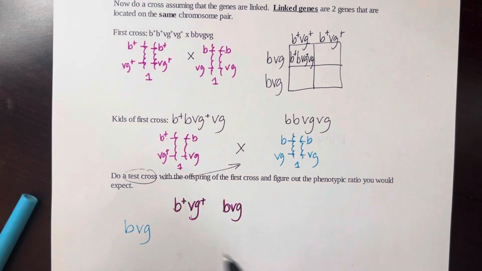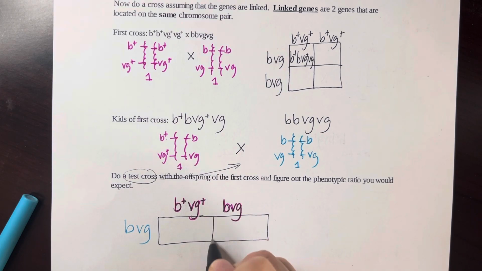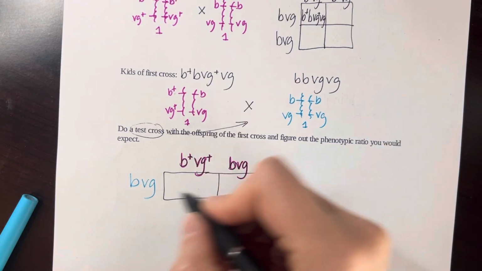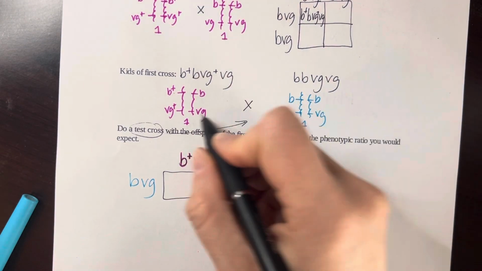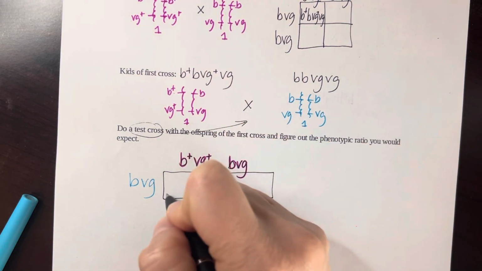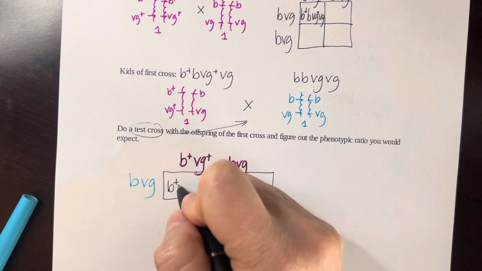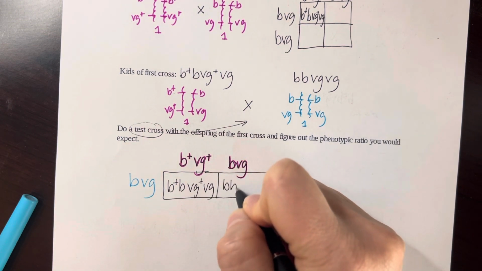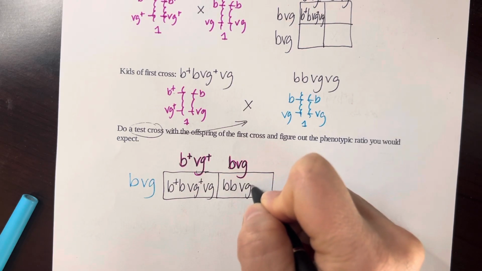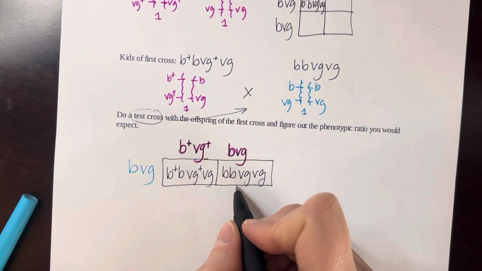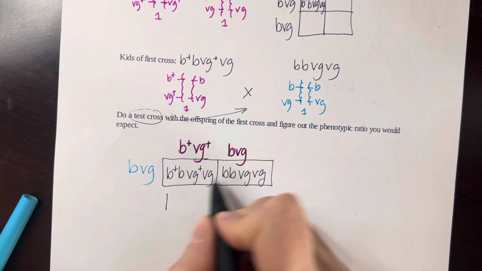Okay, so let's do our Punnett square here. So what would you expect? I'm not going to color code. I just wanted to show that these are those two parents here. So they're B plus B, VG plus VG, and B, B, VG, VG. So we would expect in our phenotype ratio 2 different kinds of flies.